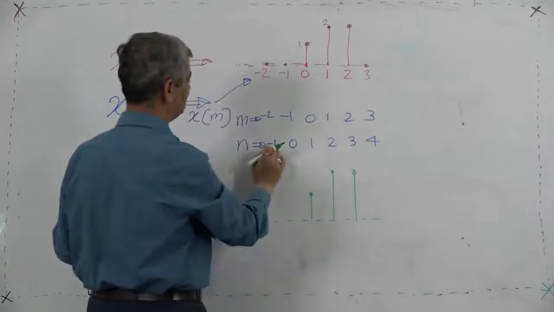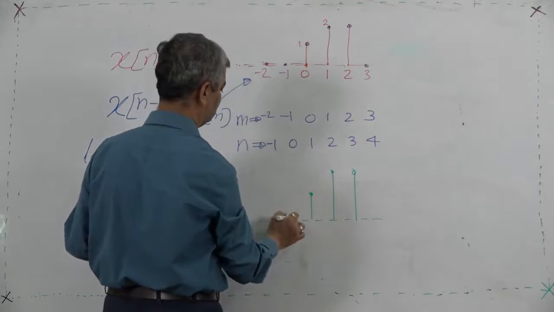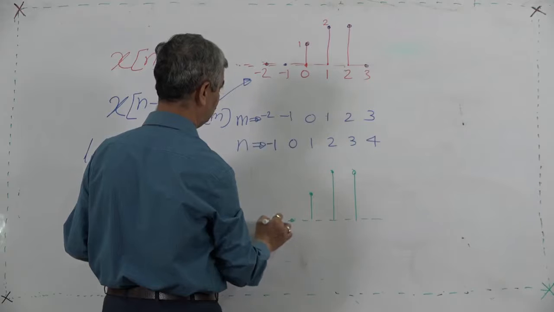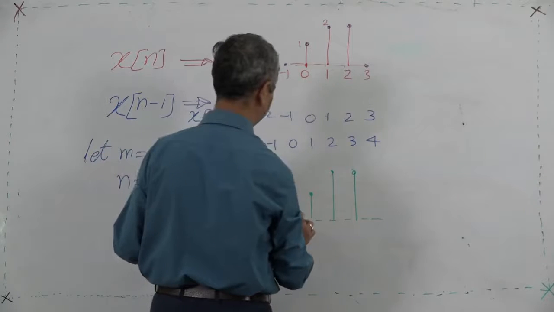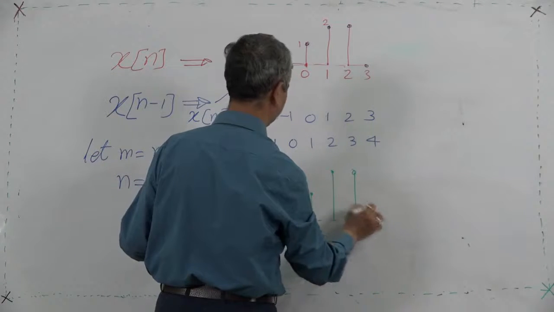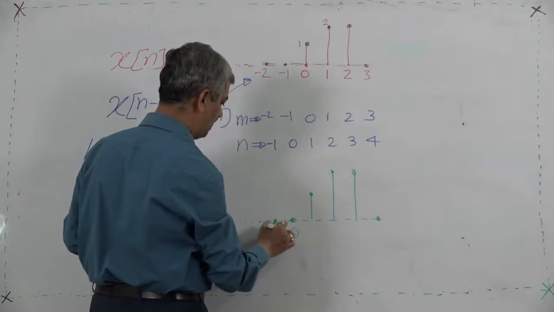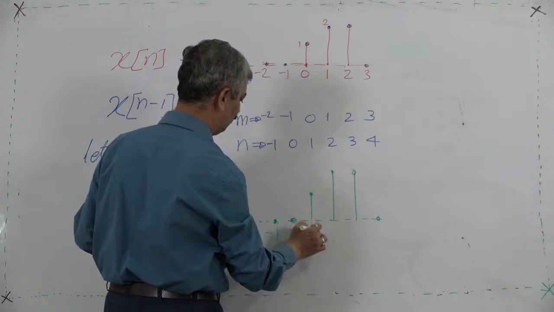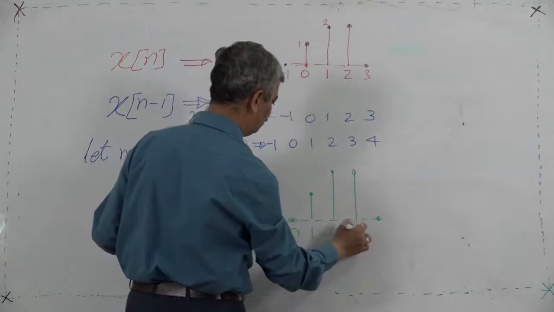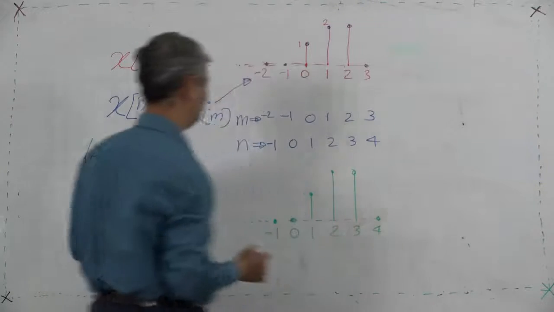Only thing is what is n, and else it is 0. Write this value of n. So, n is 0, minus 1, 1, 2, 3, 4.